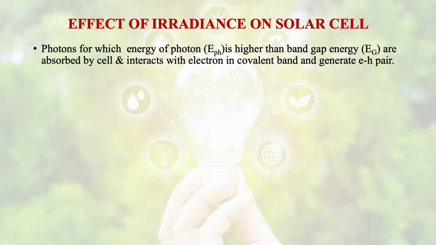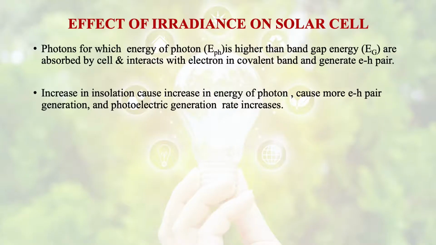So what is the reason for this? The incident light is photons. A photon whose energy is greater than the band gap energy of that cell interacts with the electron in the covalent band and generates an electron hole pair. Only photons which have energy more than the band gap energy of the cell, of the junction, can be absorbed by the cell and cross the junction.